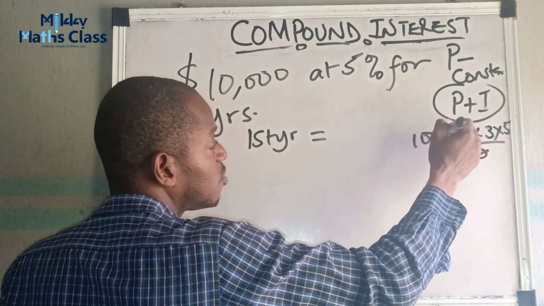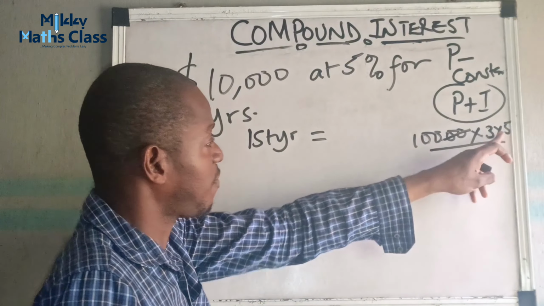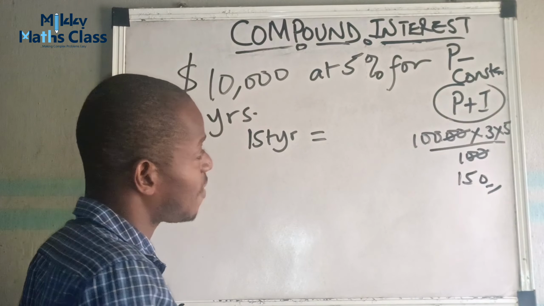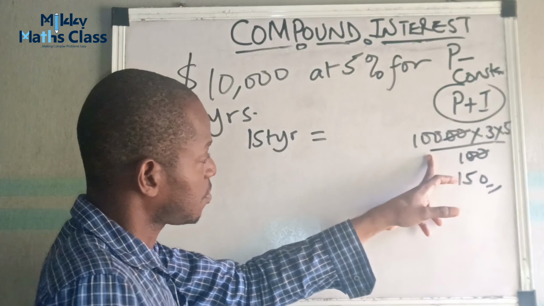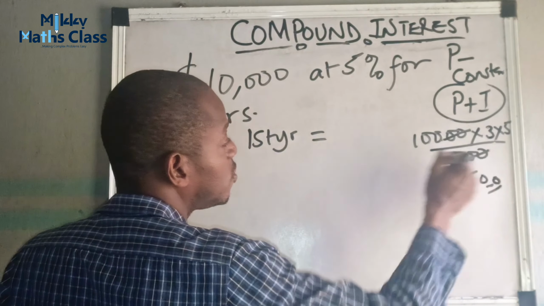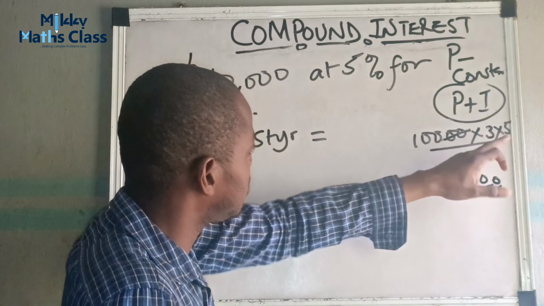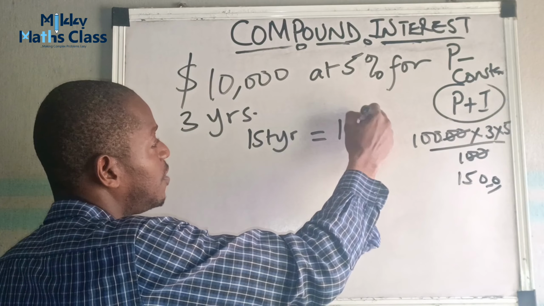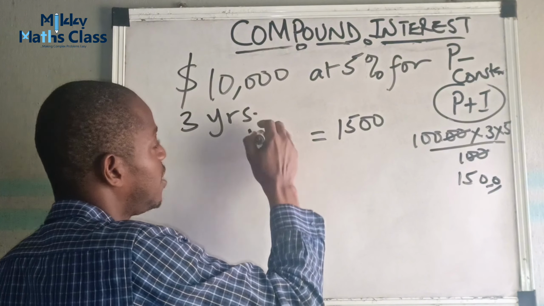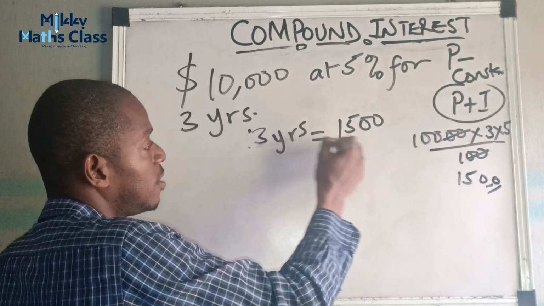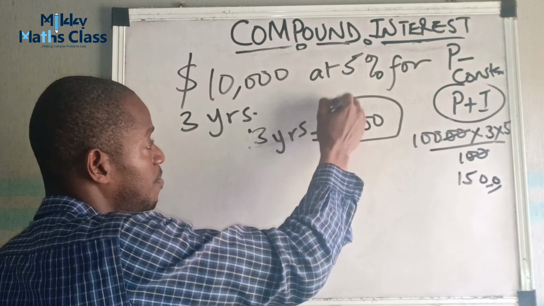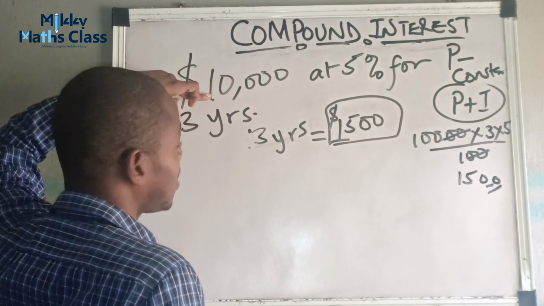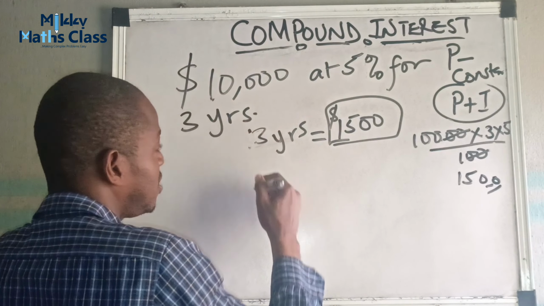The zeros cancel out, so we are left with 5 times 3, that's 15, which gives $1,500. Is it $1,500? Yes, $1,500 at the end of the 3 years.